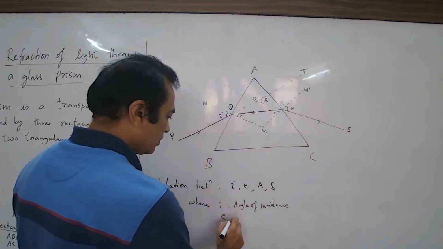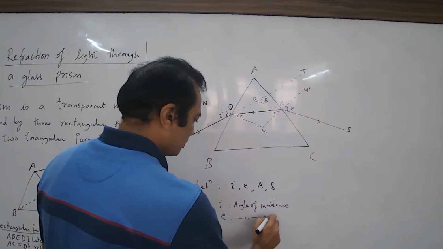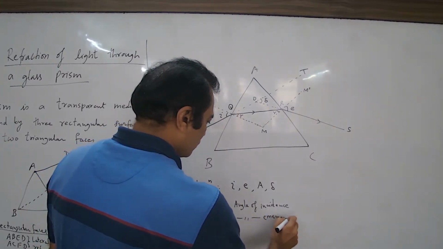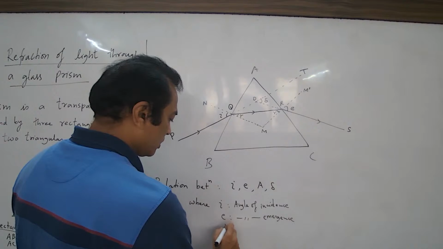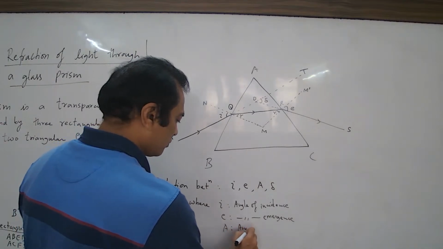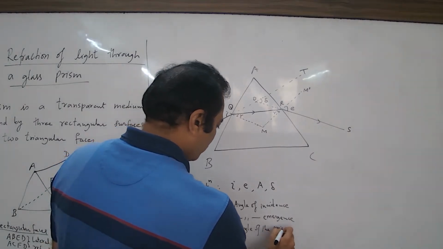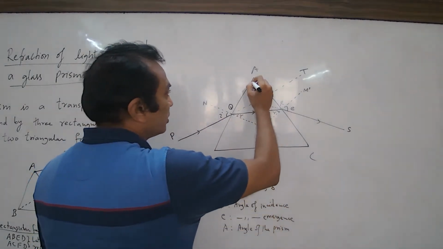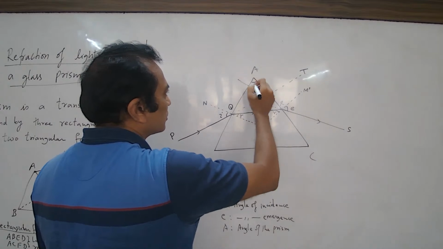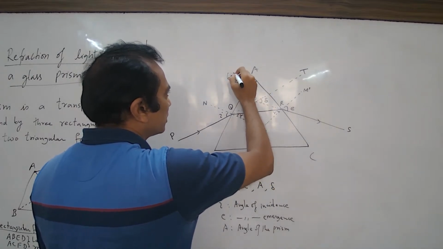E is the angle of emergence. A is the angle of the prism. So which prism are we using? Equilateral prism. This is the angle of the prism. Okay, 60 degrees, everywhere 60.